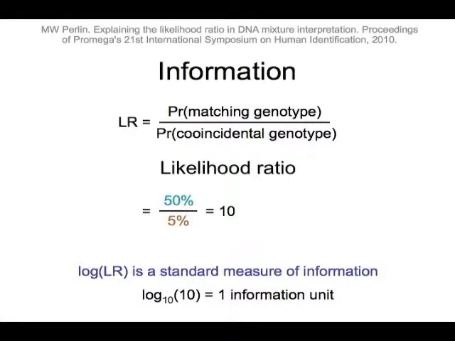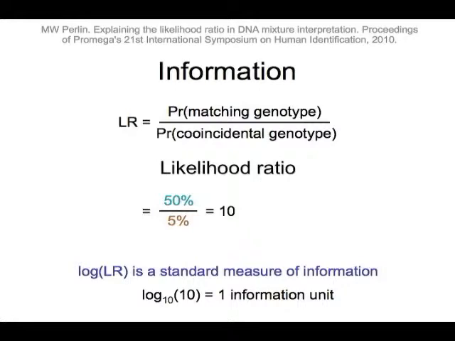This one is particularly intuitive to forensic scientists, the notion of a matching genotype and the probability of that event, divided by a coincidental genotype, the probability of that event. We have a likelihood ratio. There are many formulas for likelihood ratios. They all give the same answer, but some can be explained more easily than others in different contexts.